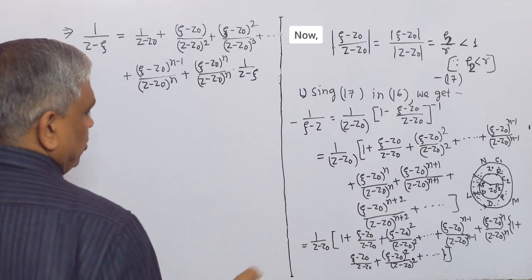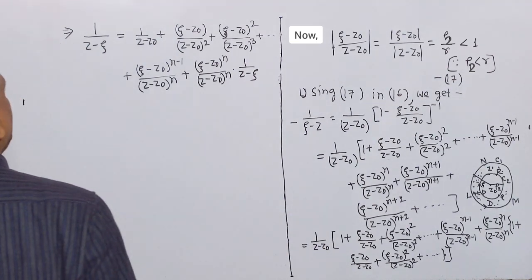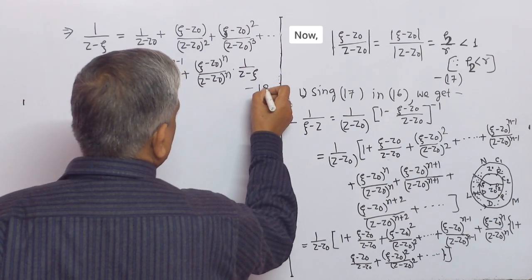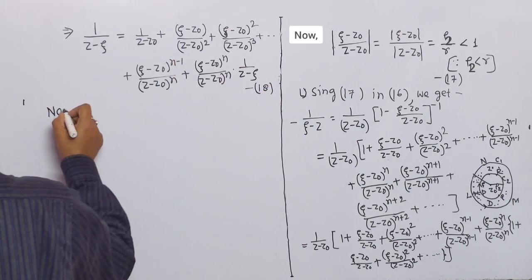This is similar to finding I1. This is number 18.